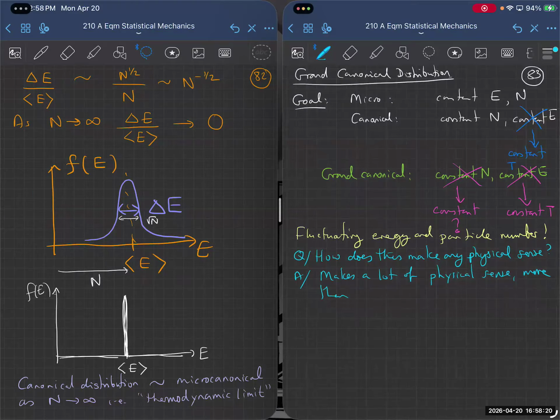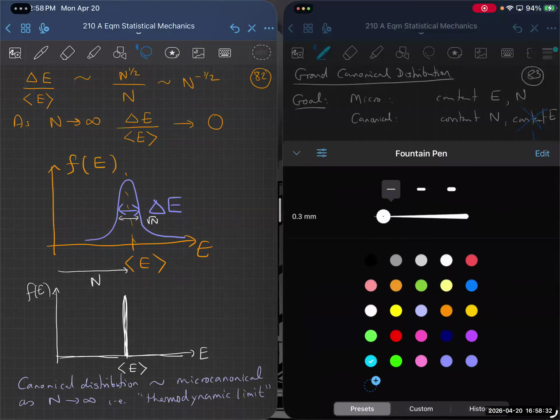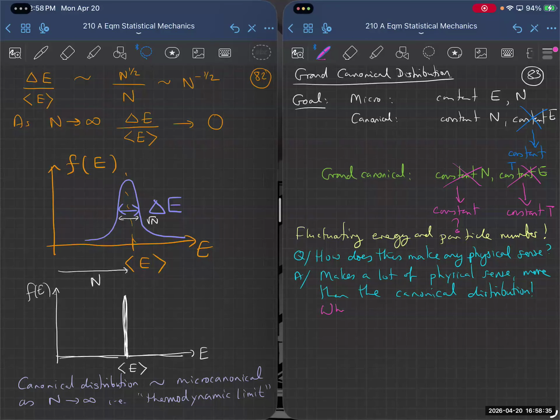And why is that? Well, the reason is that the energy is carried by the particles. Making the energy fluctuate, but not the particle number, is kind of truly weird and unphysical, but having both of them fluctuate isn't so bad.